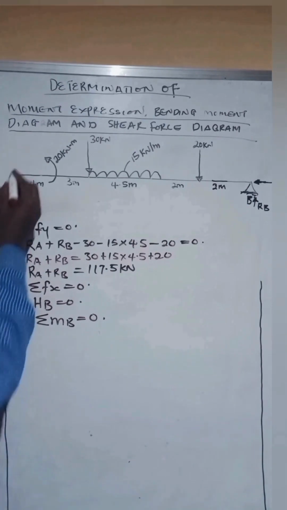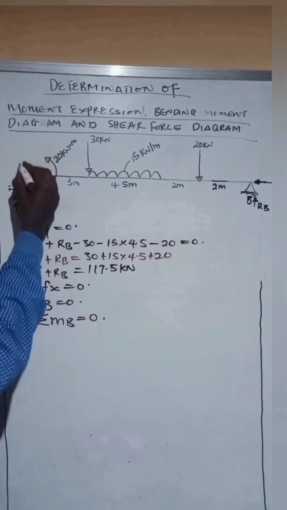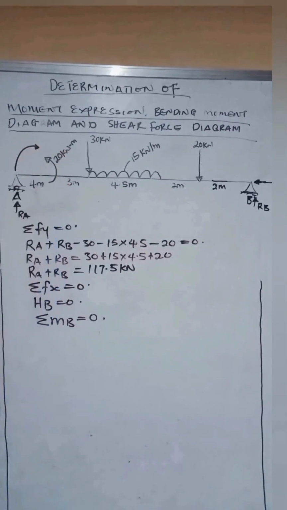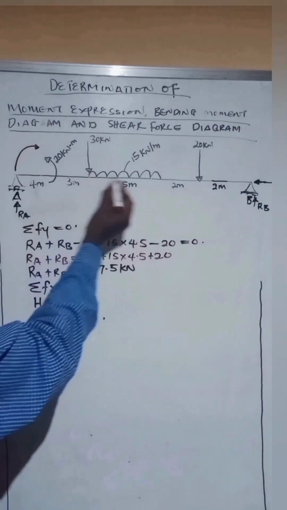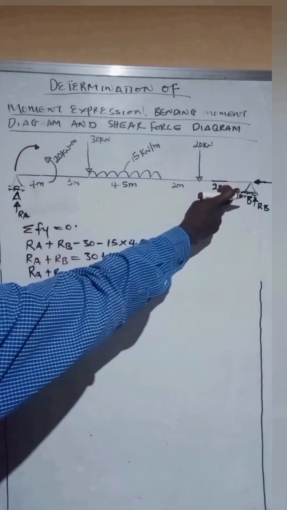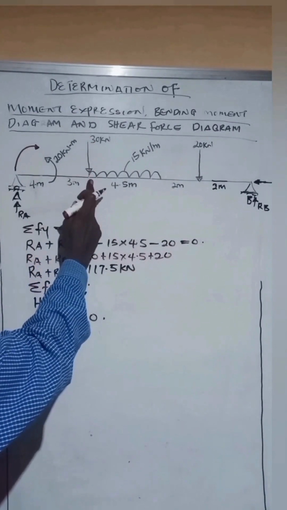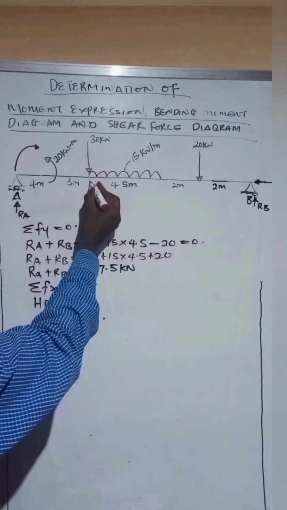So this is how you go. This is a force going up. This is going in a clockwise direction about B. Then we have the 10 kilonewton load coming this way.